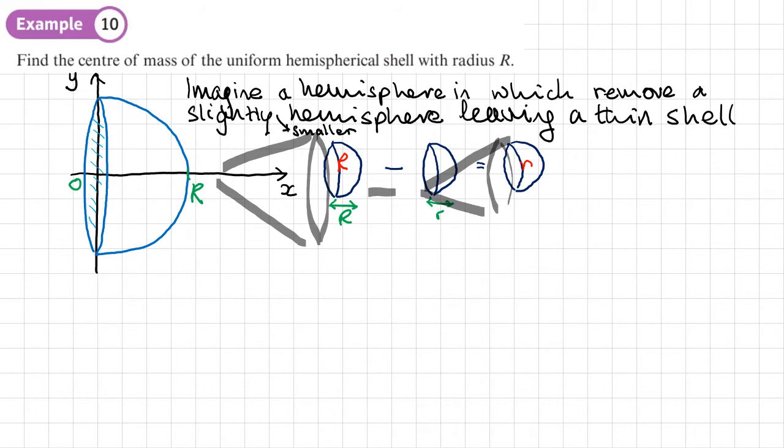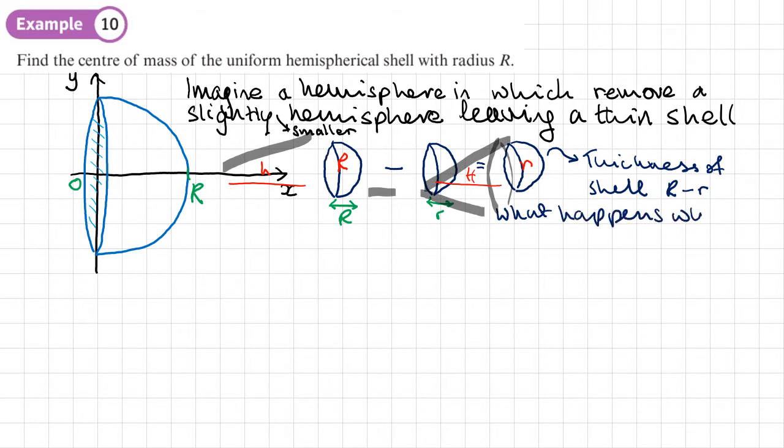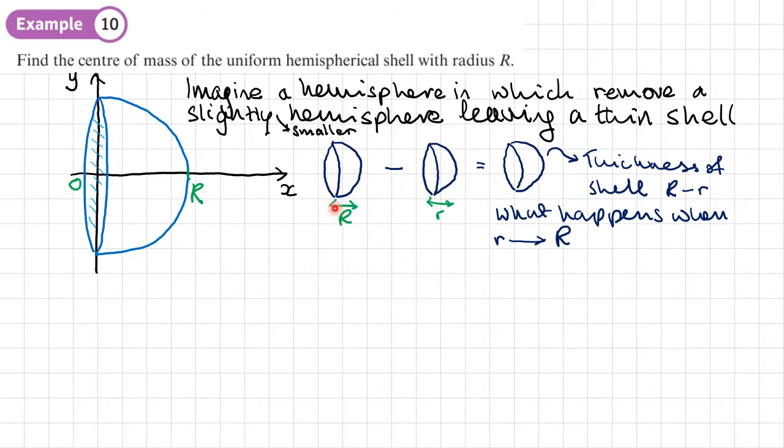So you could imagine that the thickness of this shell is going to be big R minus small r. And what we want to work out is what happens as little r tends to big R. So this little radius here is going to get closer and closer to R, leaving this really thin shell.